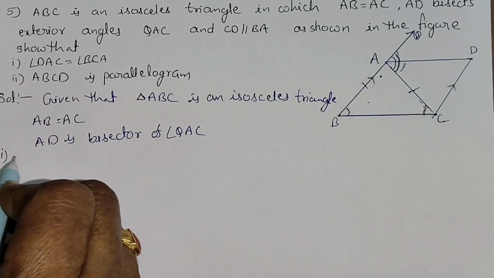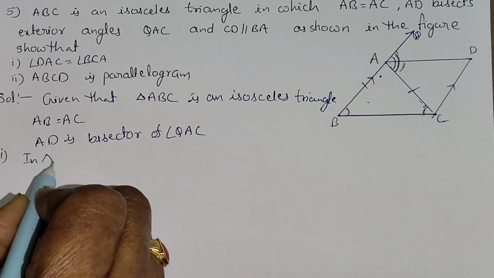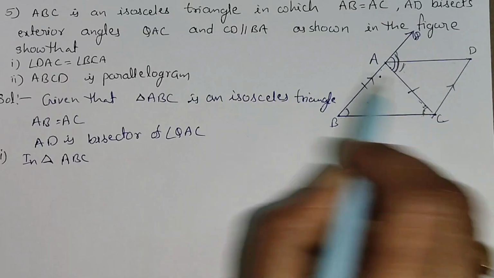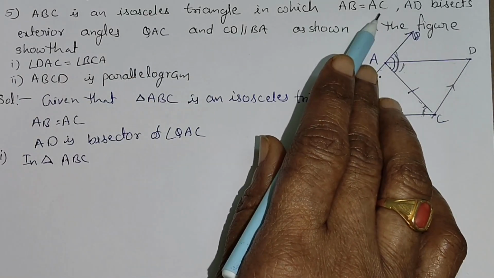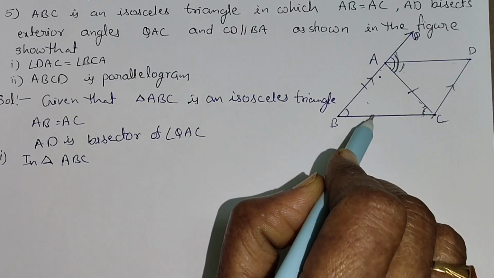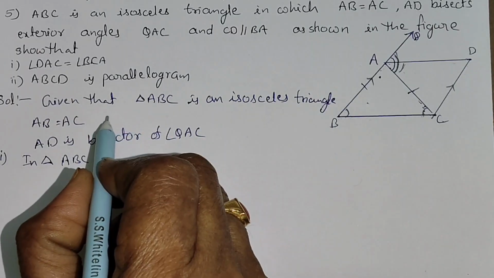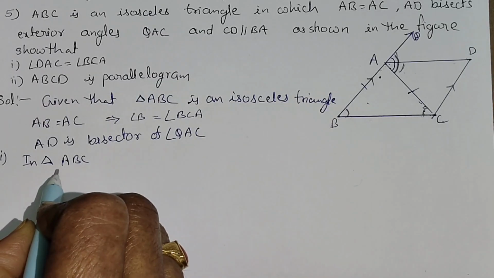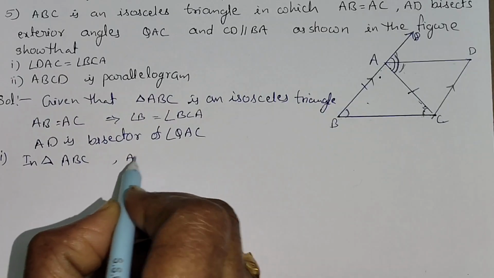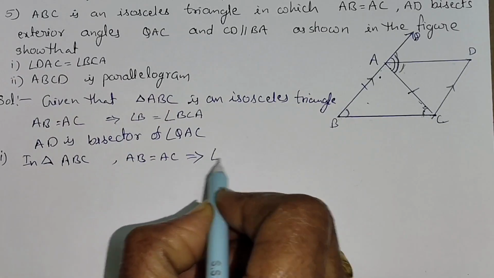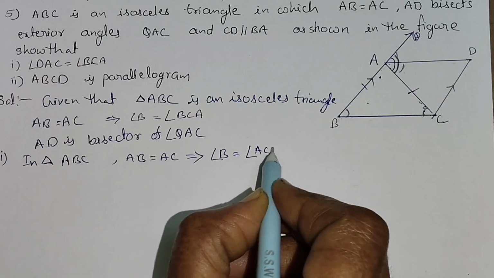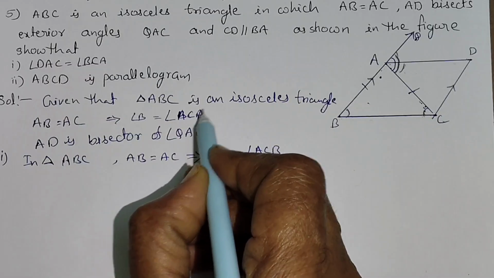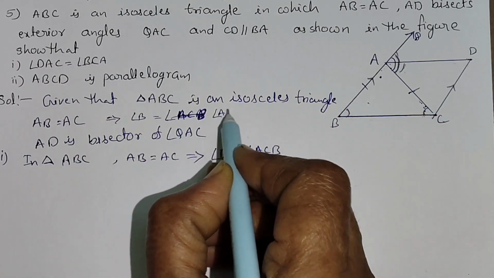First, in triangle ABC, AB equals AC, which implies angle B equals angle ACB. We can write ACB or BCA, both are the same.